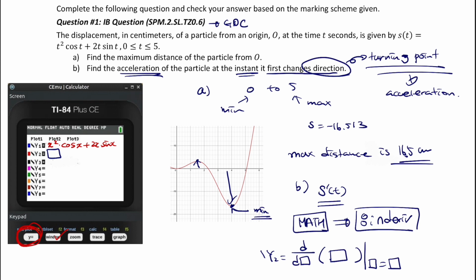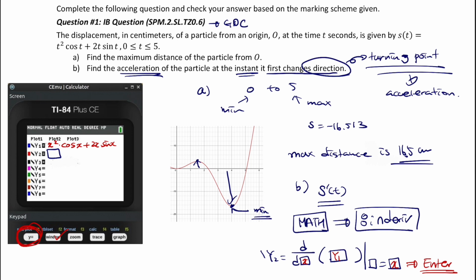Then place x on the first square, and put y1 inside the brackets, and x on the last. Once you've done that, click enter. Then you will see your first derivative function graph on your screen.